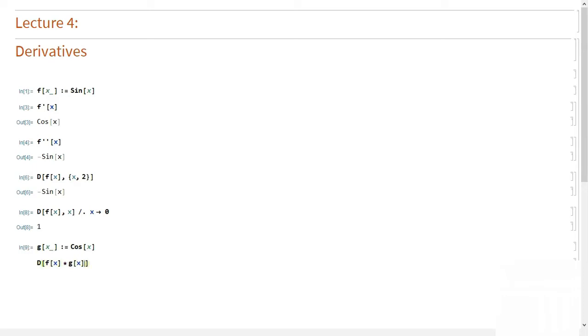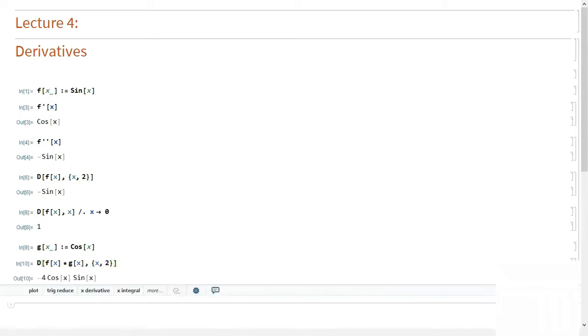I want to see whether this operator will work for this expression where these two functions are multiplied, that is the sine function multiplied by the cosine function. And I want to see the second derivative, x comma 2. You can see the answer comes in a heartbeat.